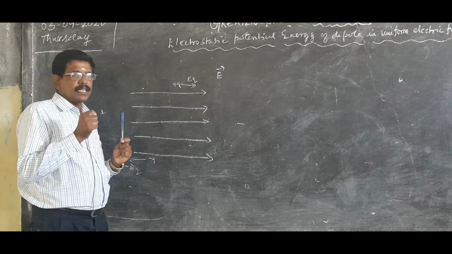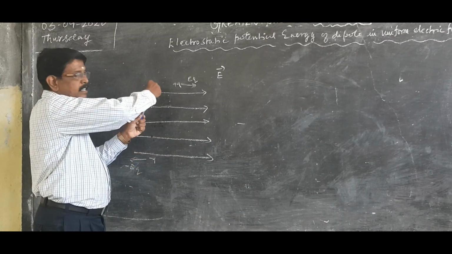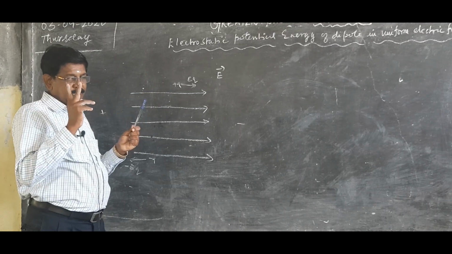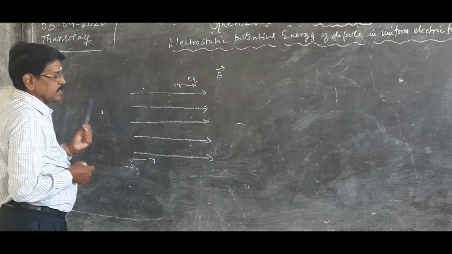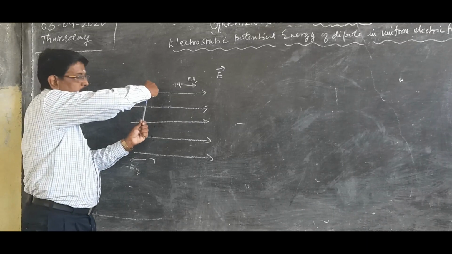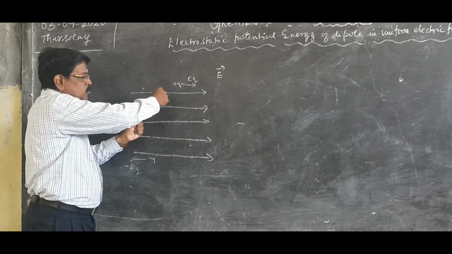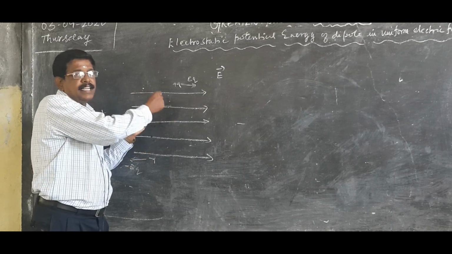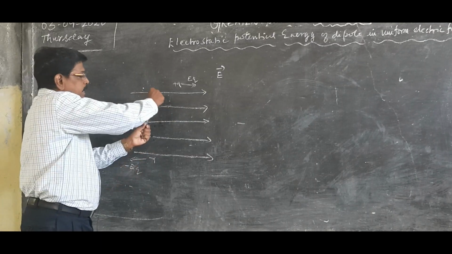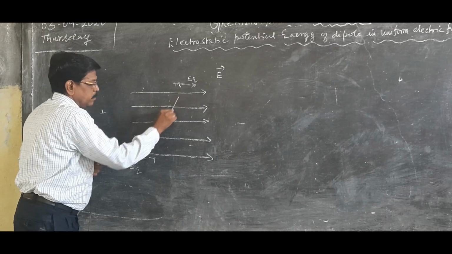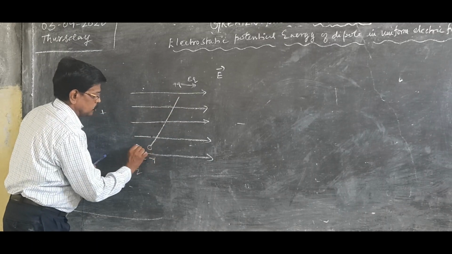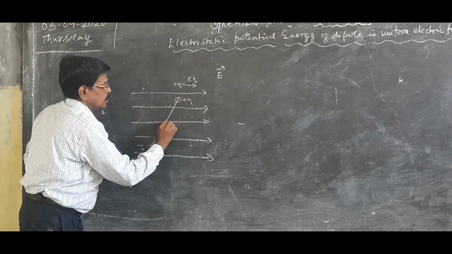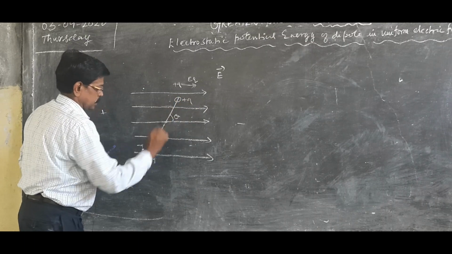Two equal and opposite forces are acting, so there is a torque. If two forces are acting at different points, we say there is a torque. Torque acts on the dipole and it tends to align the dipole parallel to the electric field. So it moves, finally coming to rest like this. Let us assume this is minus Q, this is plus Q, making an angle theta.